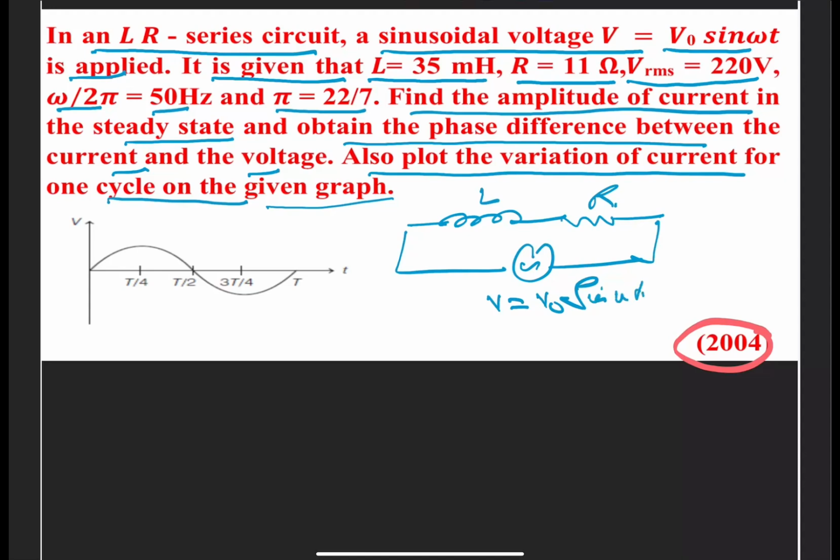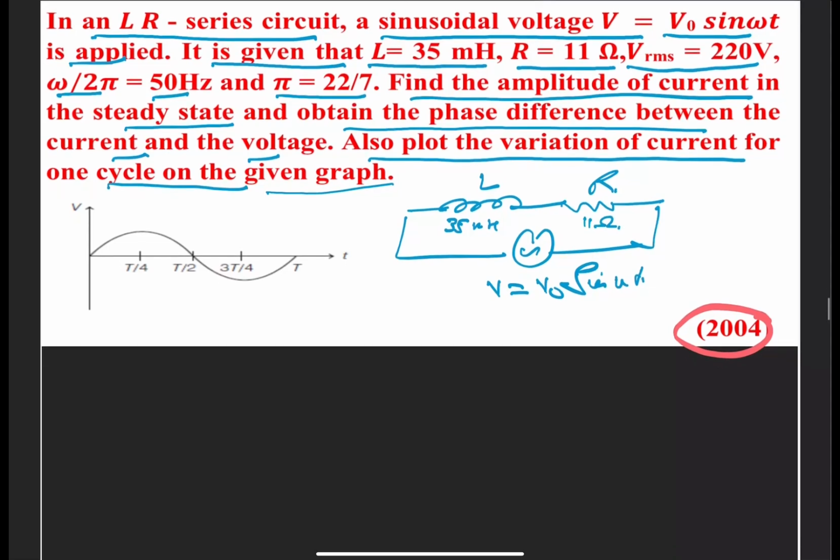Value of inductor is 35 millihenry and resistance is given as 11 ohm. And separately, we are also given that the RMS value of the voltage is 220 volt. So first of all, let's find out the angular frequency. Let's find out the omega.